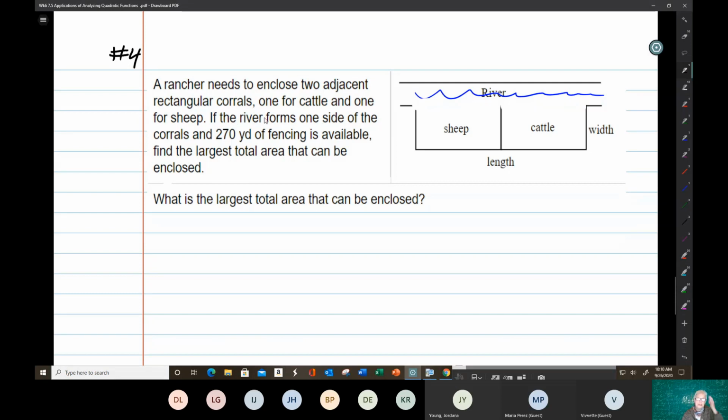And he thinks that he doesn't need to put up a fence here because the river will form enough of a barrier for the cattle. Now, if the river forms one side of the corrals and 270 yards of fencing is available, find the largest total area that can be enclosed.